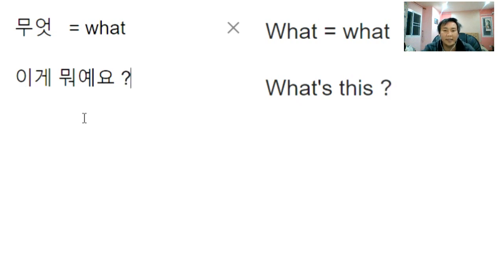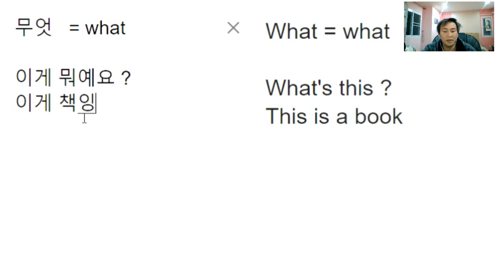What is this? 이게 뭐예요? 이게 책이에요. This is the book.